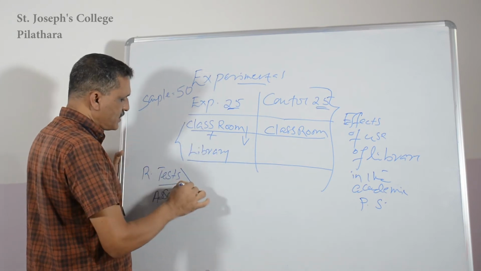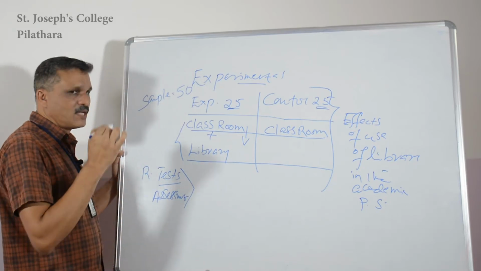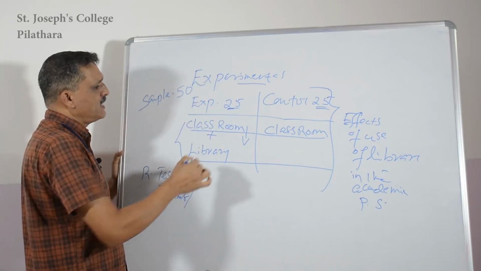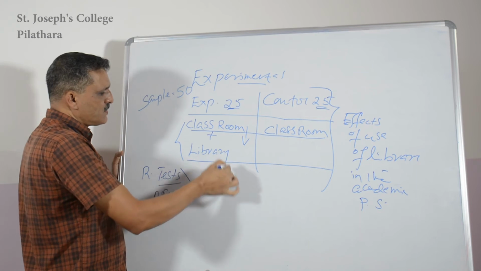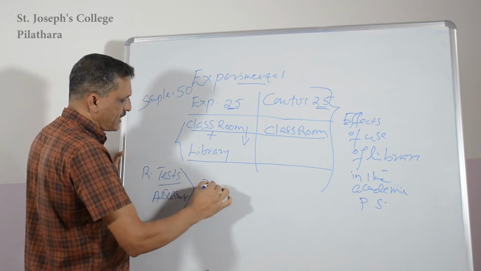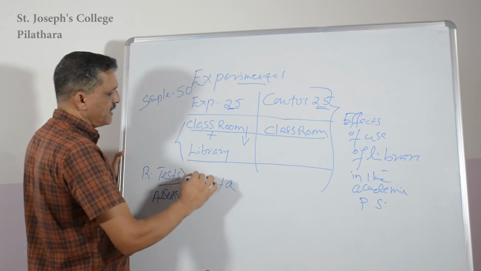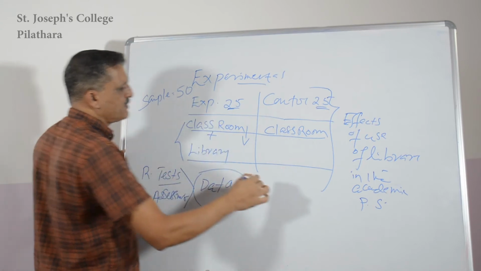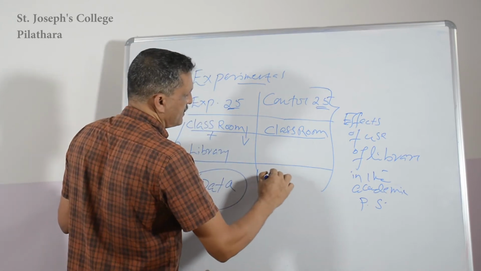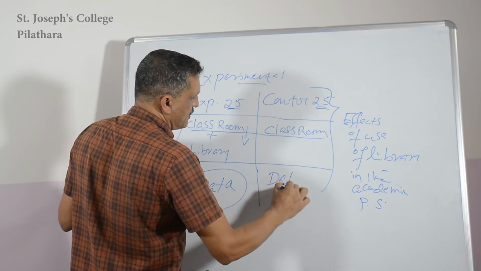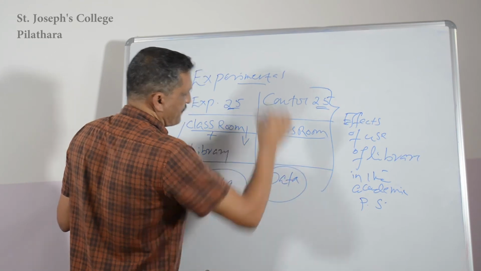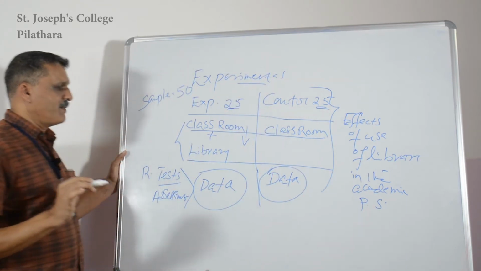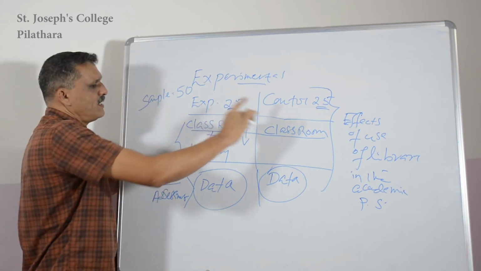So the researcher collects data on a regular basis as per the design, for the experimental group and also for the control group. The test remains the same for both groups.